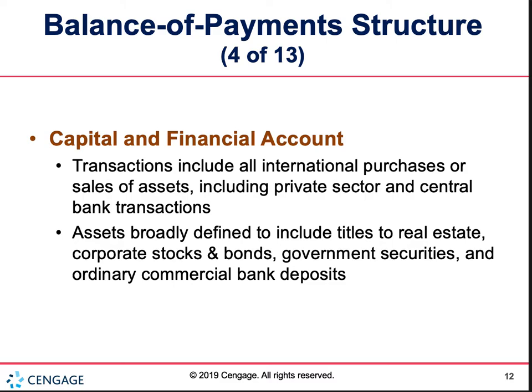So the next one is the capital and financial account. This is transactions that include all international purchases and sales of assets, including private sector and central bank transactions. Assets that are broadly defined include the titles to real estate, corporate stocks and bonds, government securities, and ordinary commercial bank deposits.